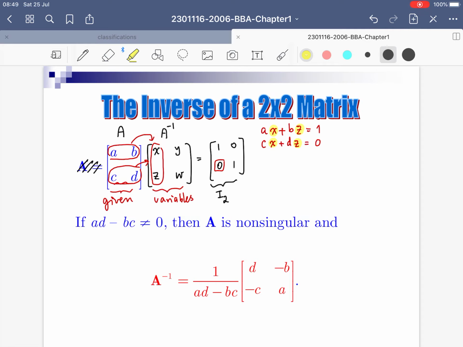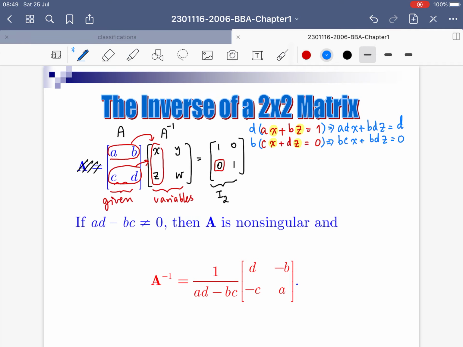So how are we going to get rid of, let's say, the Z? You are going to multiply the first equation by D, and the second by B. So what you end up with is ADX and BDZ equals to D. And this one you get BCX and BDZ equals to 0.